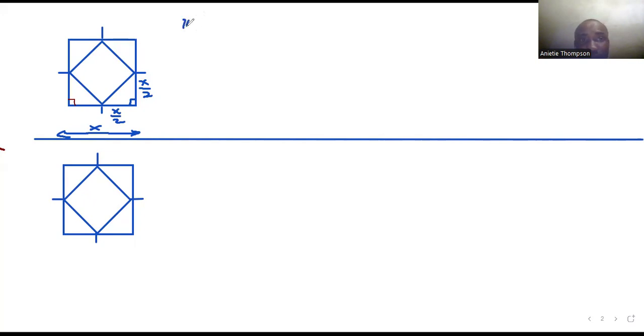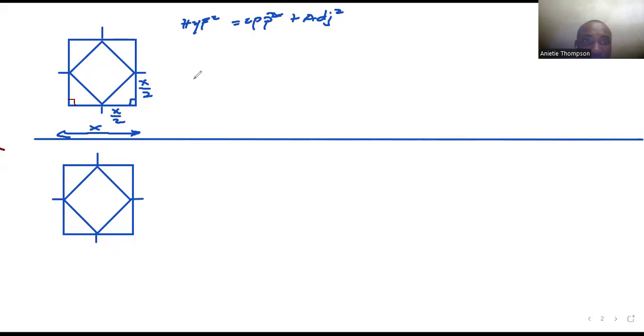The theorem says hypotenuse squared equals opposite squared plus adjacent squared. I would like to use HOA next time. This is the hypotenuse H, which is the length of the inner square.